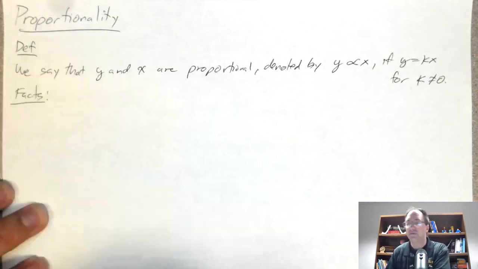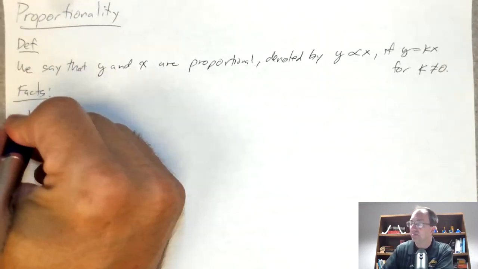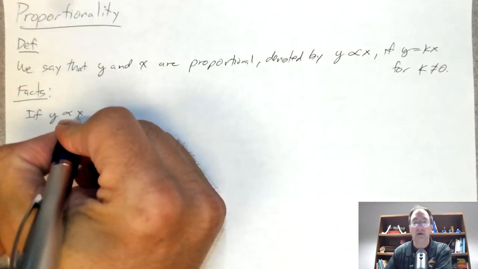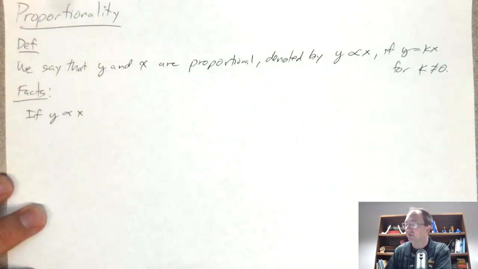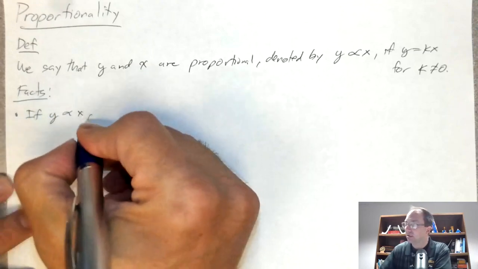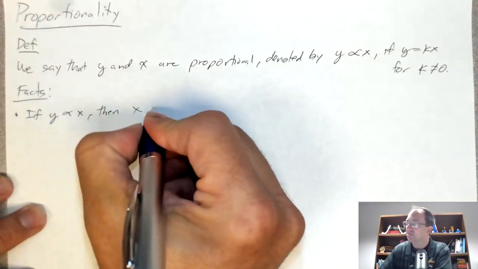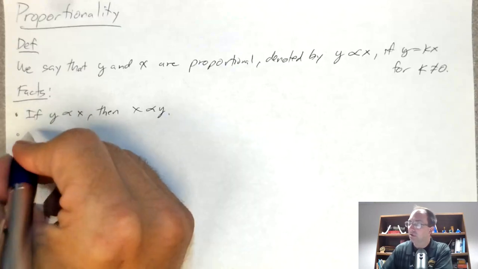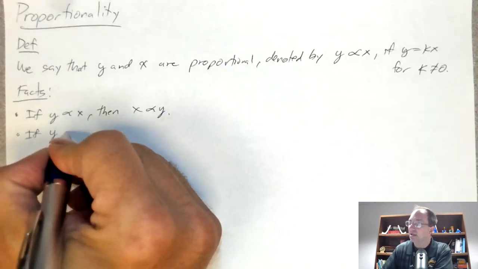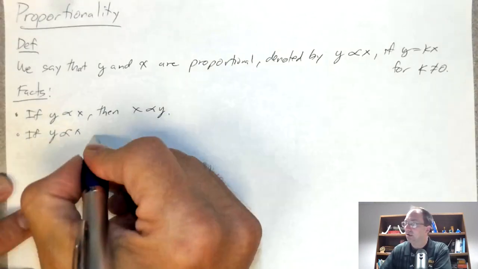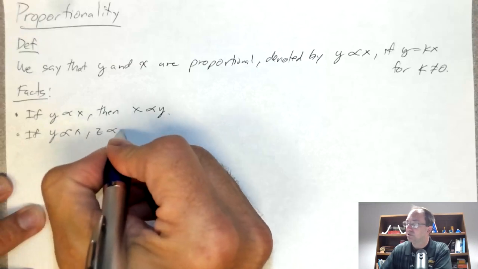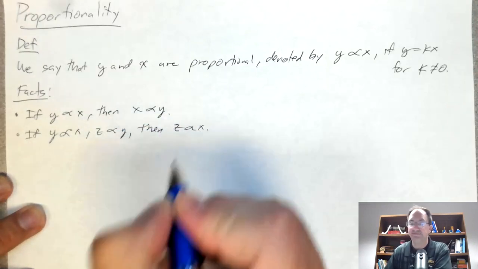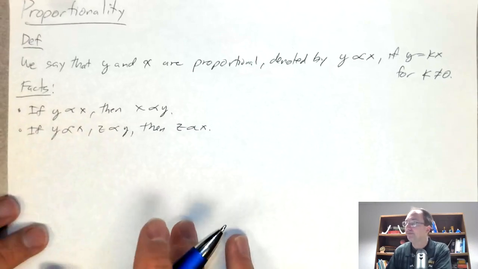Now, there's a few facts that are useful to keep in mind when we're using proportionality. First of all, if y is proportional to x, then x is proportional to y. Second, if y is proportional to x and z is proportional to y, then z is proportional to x, a transitive property.